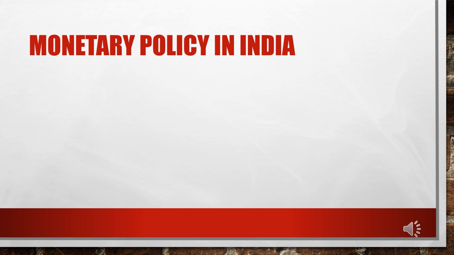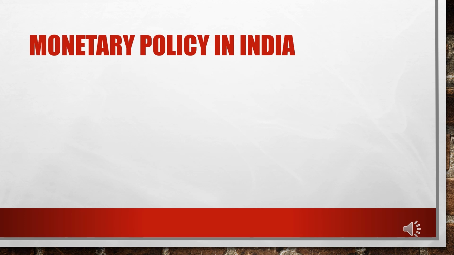As we've already had a discussion on RBI, its basic functions and objectives, one of the major objectives is to conduct monetary policy, because as you all know, there are three major policies that you always observe in the functioning of the economic system.